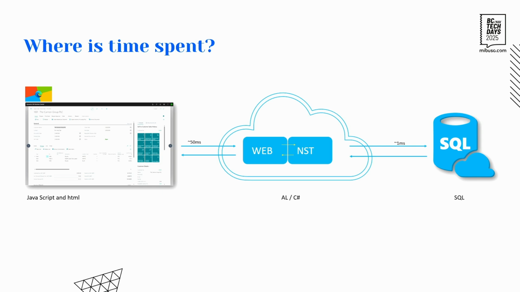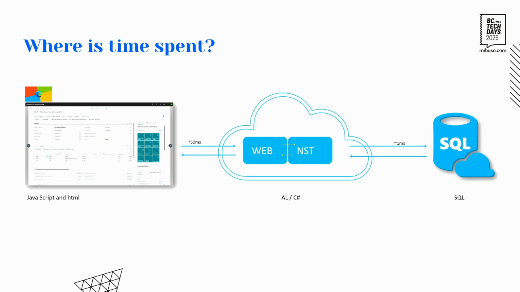Now that means that there's latency between these. So from the browser or from your users to Azure, there is 50-ish milliseconds. And between the NST machine and the SQL is 1 millisecond-ish.